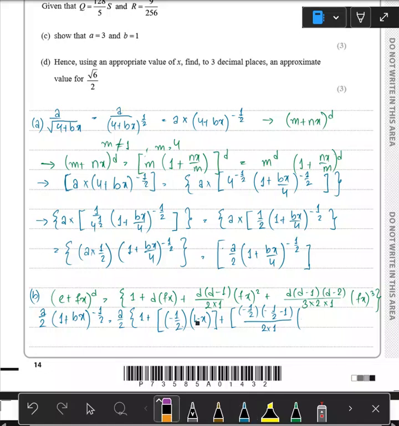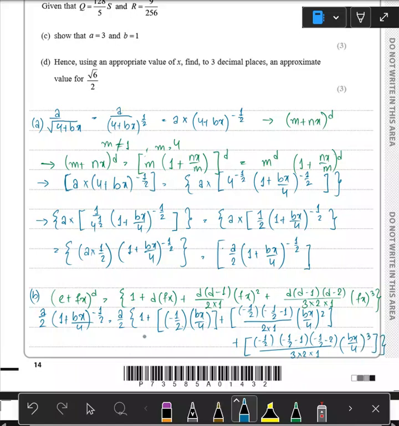So b is, okay, now b is this, and this is bx by 4, not to the power 4, and this would be bx by 4 whole square, plus the fourth term here, which is again negative half multiplied by negative half minus 1 multiplied by negative half minus 2, divided by 3 multiplied by 2 multiplied by 1, multiplied by fx cubed, which is bx by 4 cubed.